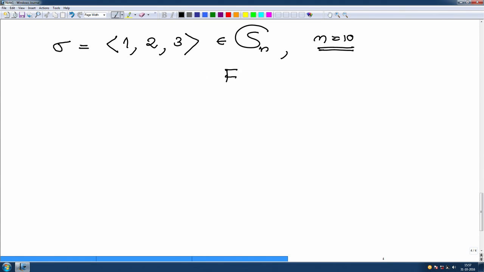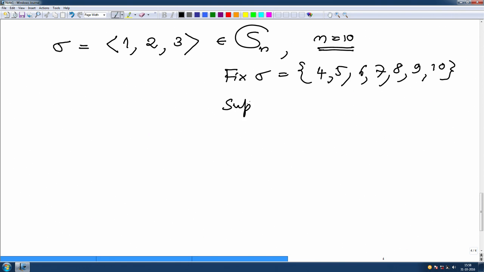So, obviously the fixed points of sigma are those which are not listed here, up to n. That is 4, 5, 6, 7, 8, 9, 10. These are all fixed points. They are not shown in the notation because it is an unnecessary burden on the notation to list them. And the support is the remaining one. So, the support is seen to be {1, 2, 3}.